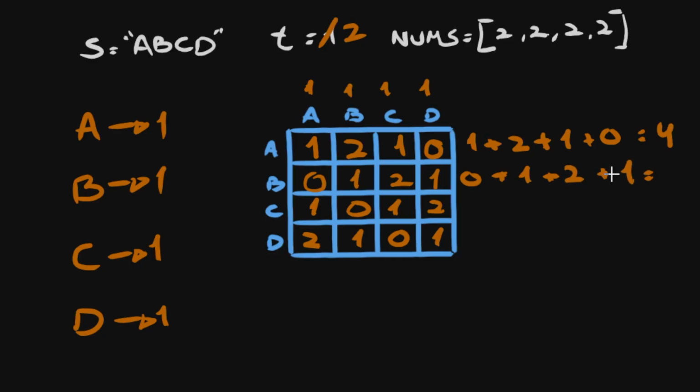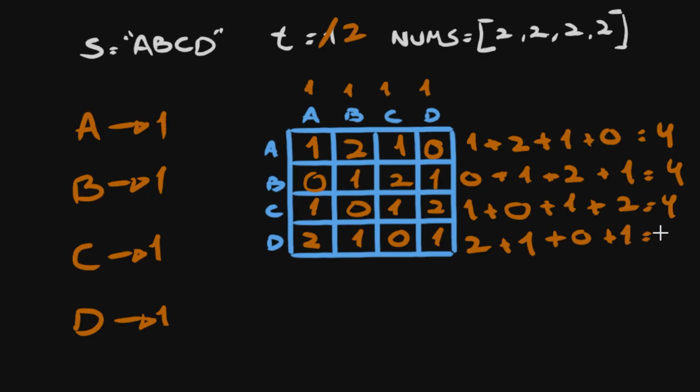This is 4 also. Now 1 times 1 is 1, plus 0 times 1 is 0, plus 1 times 1 is 1, plus 2 times 1 is 2. This is also 4. And finally 2 times 1 is 2, plus 1 times 1 is 1, plus 1 times 0 is 0, plus 1 times 1 is 1. And this is also 4. So the result for this is 4 plus 4 plus 4 plus 4, 16. So this is the result, and this is the value we return.